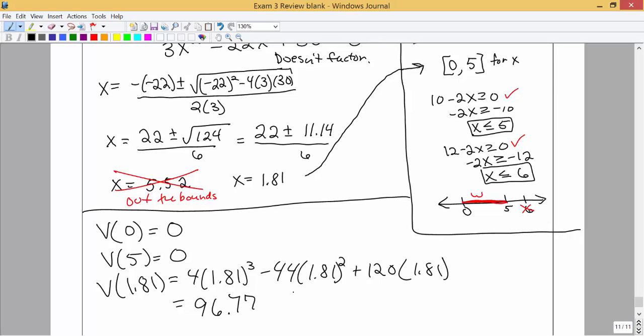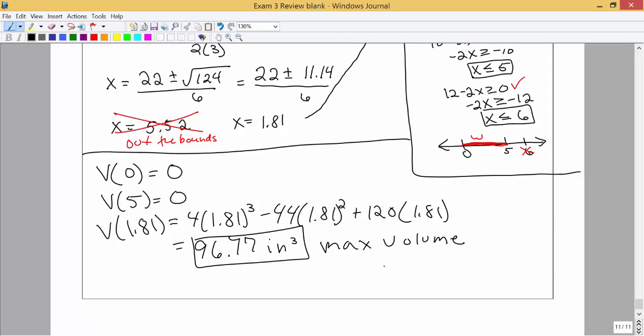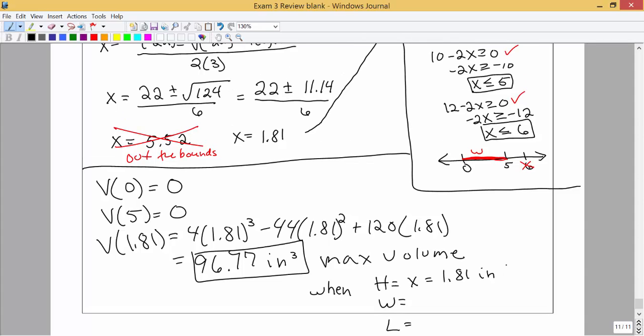Now we're talking about volume, and in the problem we had inches, so inches cubed. So the maximum volume will be 96.77 cubic inches, and we want to know what the dimensions are for the height and the length and the width. So the height, of course, the x value that we had was represented by the height, and that's 1.81 inches. What would the width be?